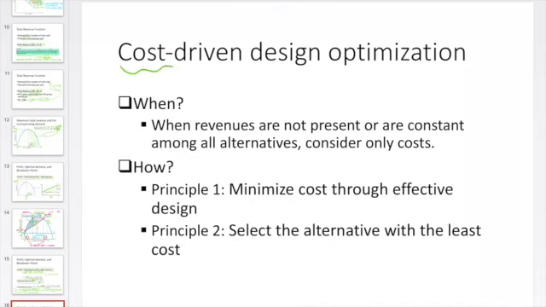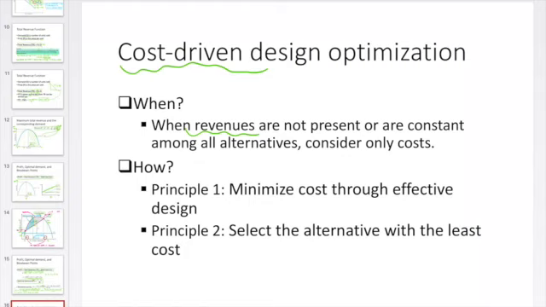We have a method called cost-driven design optimization. That's one method we can use to make decisions. And when could you use it? When revenues are not present or are constant among all alternatives. So your revenues are all the same for all options.